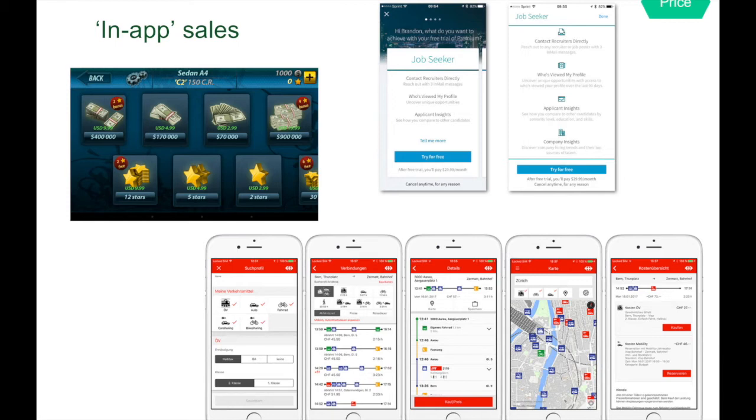Of course, we also have more extensive applications of these in-app sales. The lower part, that's the example of a service app from SBB, a train company in Switzerland, and it basically allows you to map different options for your travel.